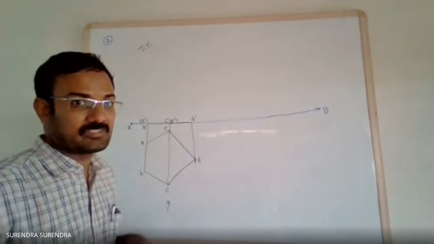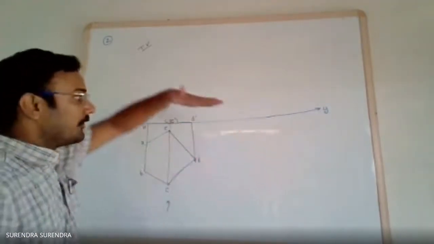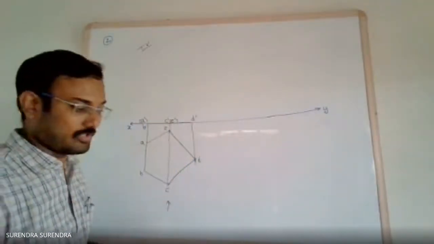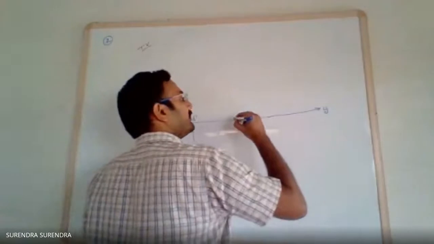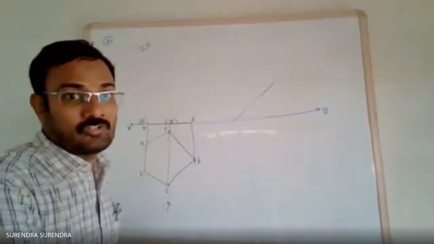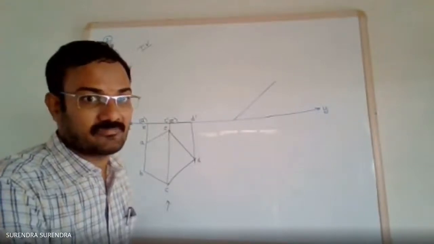So what you have to do is draw the second step here. First draw a line inclined at 45 degrees. Draw a straight line inclined at 45 degrees.